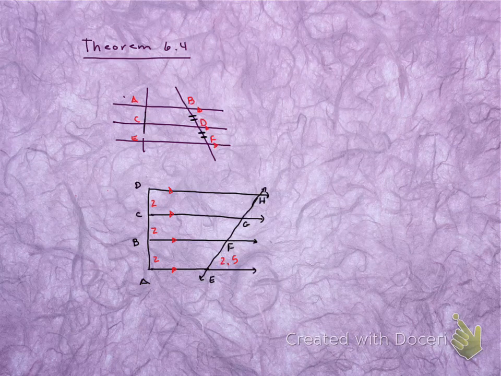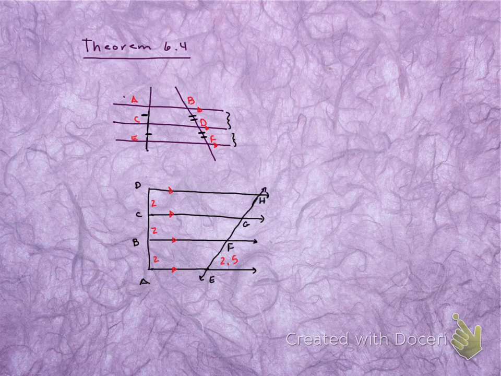For example, if BD, right here, and DF are congruent to each other, that means that AC and CE are also congruent to each other.